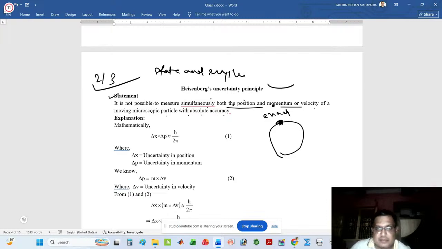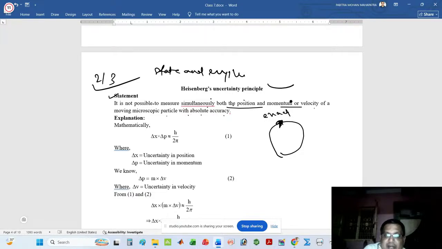When you want to determine the exact position of a microscopic particle, then you generally need some energy in terms of light. When you want to see in which position the microscopic particle is present, you will use the light, a small amount of energy.